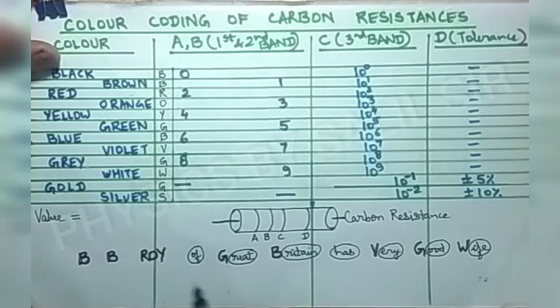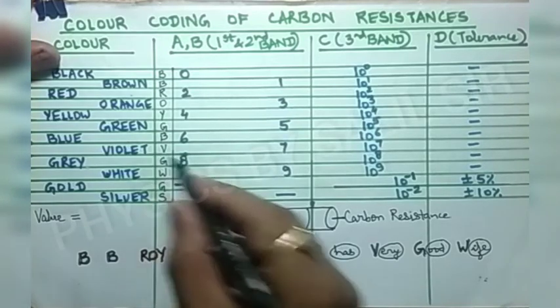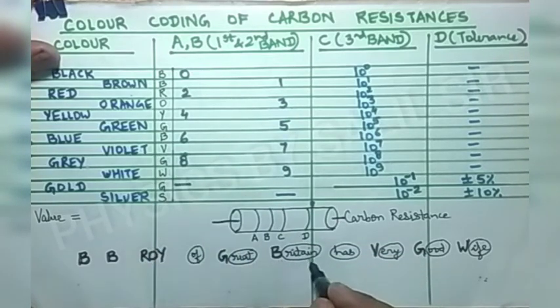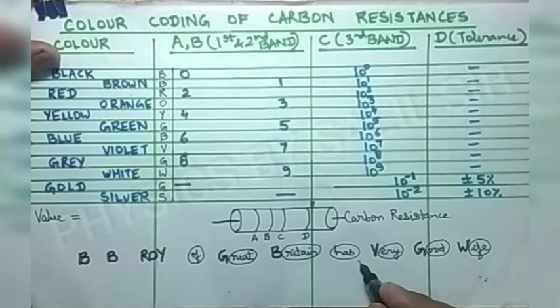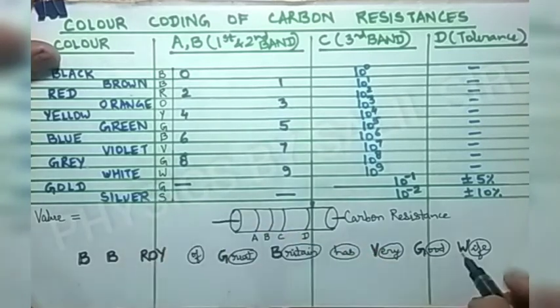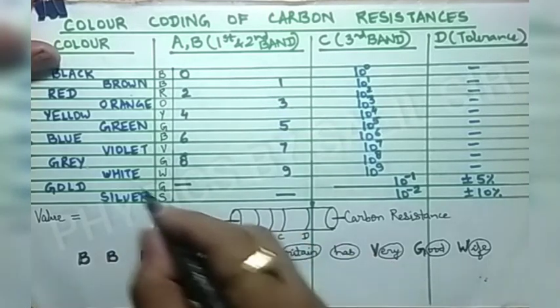Of has no meaning, it is just used to make the sentence. After that, Great, G is useful for us, so it means green. Britain, B means blue. Has, very, V means violet. Good, G means gray. And wife, W means white.